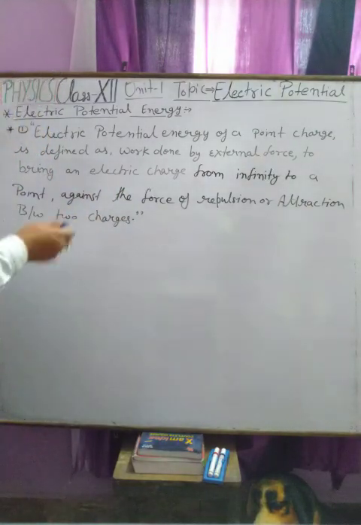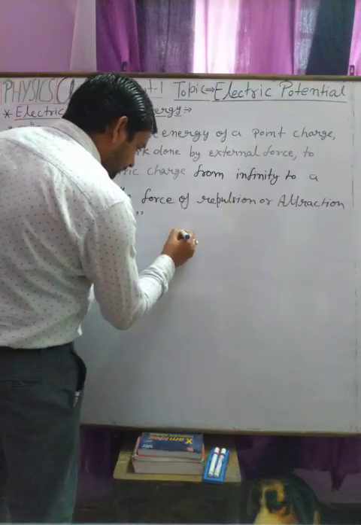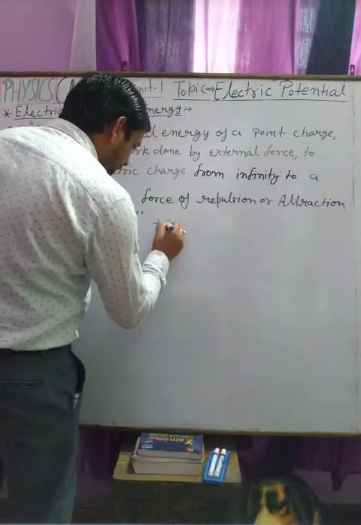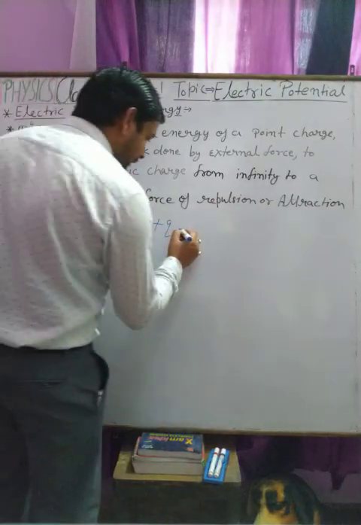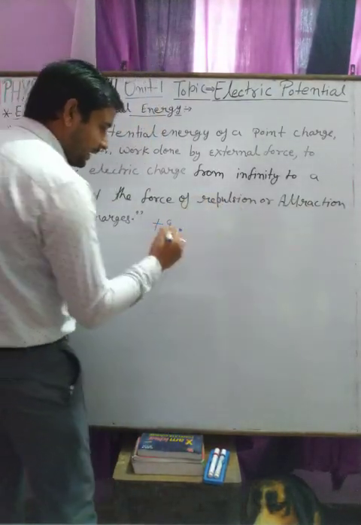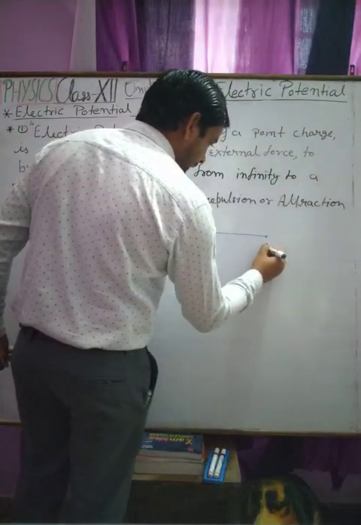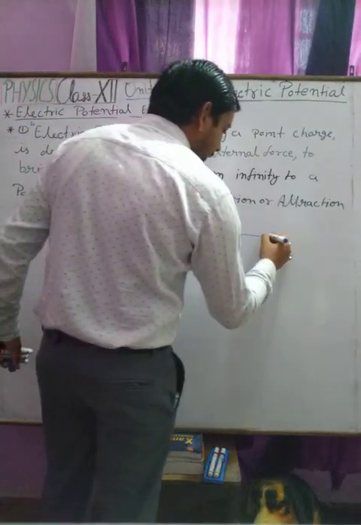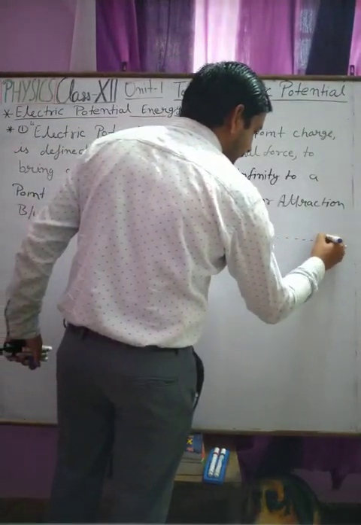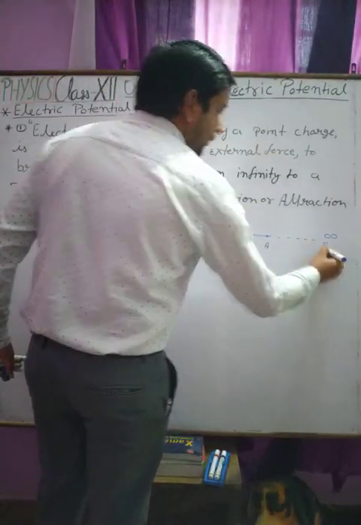So, student, we understood the definition, what it says. Suppose we have a positive charge whose electric field around it, let it be in the x direction, extends till a point A. And a test charge is at infinity, let it be q naught.